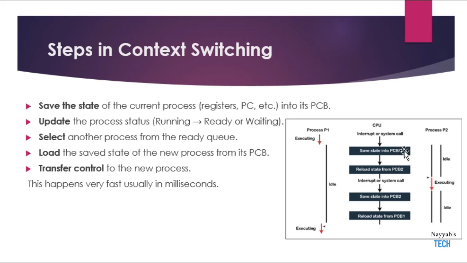First save the state and then update it, then select the process from the ready queue and reload the state from the PCB, and it does this in a millisecond, so no one can realize that context switching is happening, but it's happening.